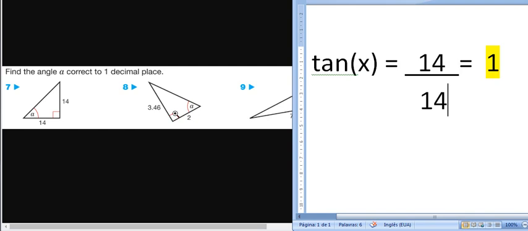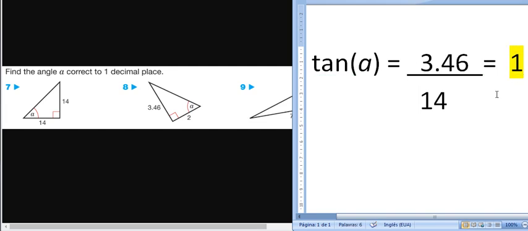All right, and what about this one, the tangent of this angle? I'm calling it the angle x, but the exercise is calling it a, so let's use a here. So the tangent of a is the opposite side, 3.46, divided by 2.